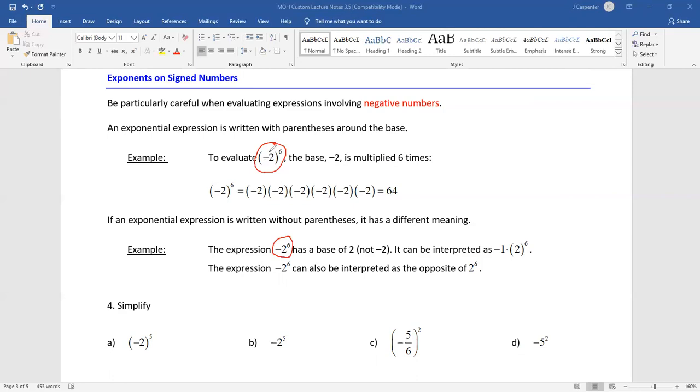When you have this negative inside of a parentheses, the negative gets repeated. But if you don't have the negative inside of the parentheses, then the negative does not get repeated.